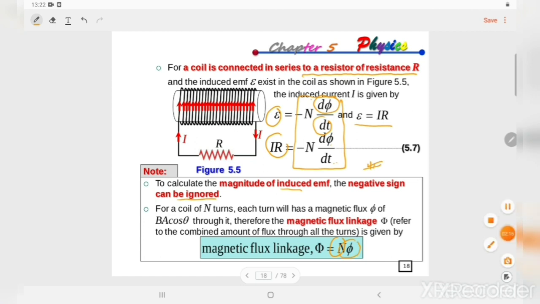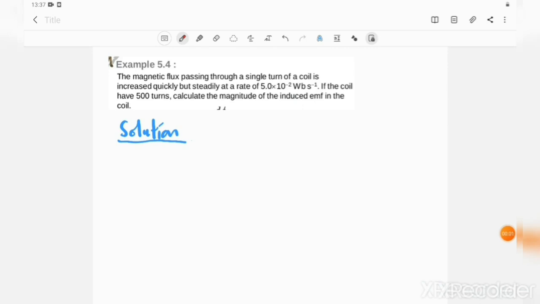Example 5.4. The magnetic flux passing through a single turn of a coil is increased quickly but steadily at a rate of 5.0 times 10 to the power of negative 2 Weber per second. If the coil has 500 turns, calculate the magnitude of the induced EMF in the coil.